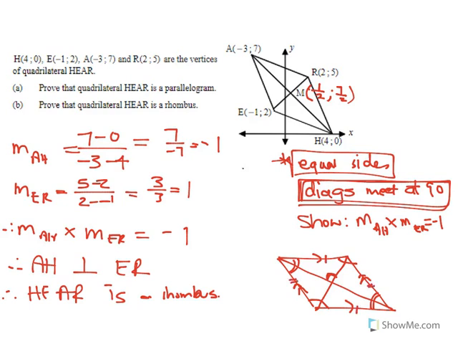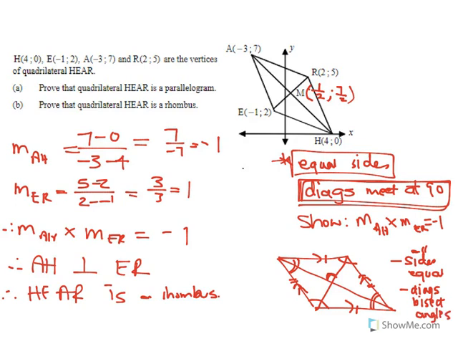So essentially what we're trying to show is, if a shape is a parallelogram and its diagonals meet at 90, is that sufficient to show that it's a rhombus? The outstanding properties that we need to show are that the sides are all equal, so it's not just opposite sides that are equal, right? And the diagonals bisect the interior angles, right?